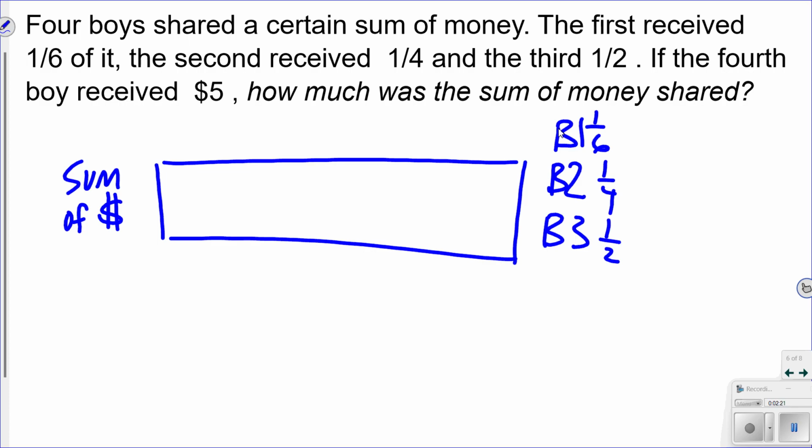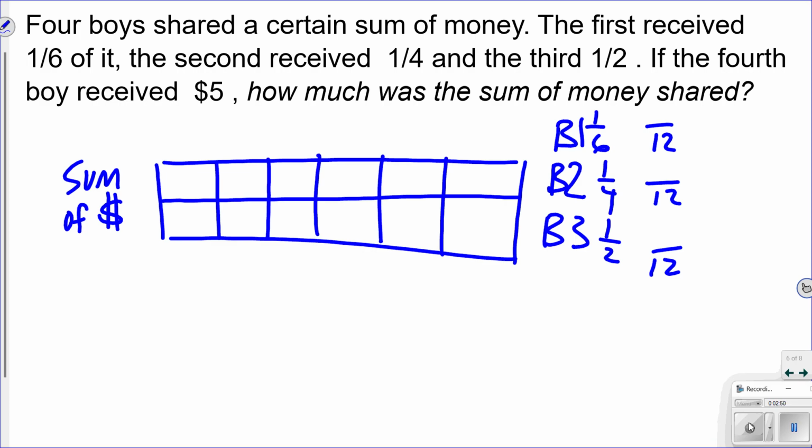Well, a hack when you're trying to find the least common multiple of 3 numbers is take the largest number and go through its multiples. So if we take 6, can't divide 6 by 4. The next multiple of 6 is 12, which we can divide by 4 and 2. So our bar model is going to have 12 units.